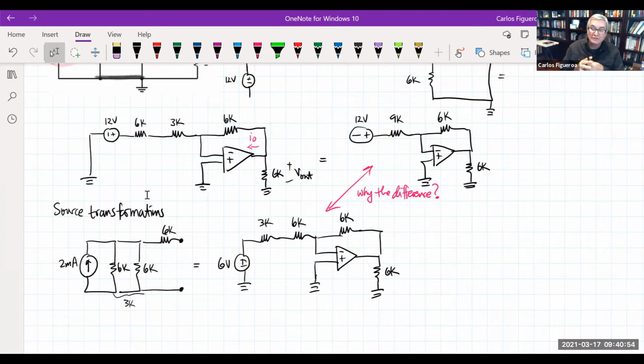I'm not really sure what's wrong. Which one do I trust more? I have a tendency to trust this more because I must be doing something silly in the one above, because this source transformation is pretty obvious.